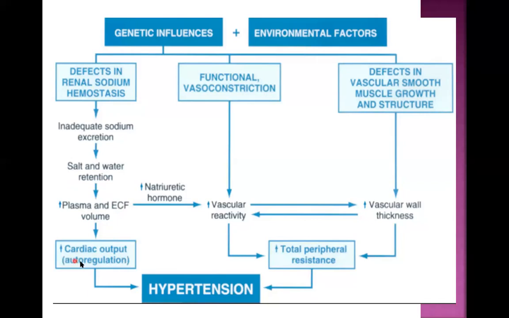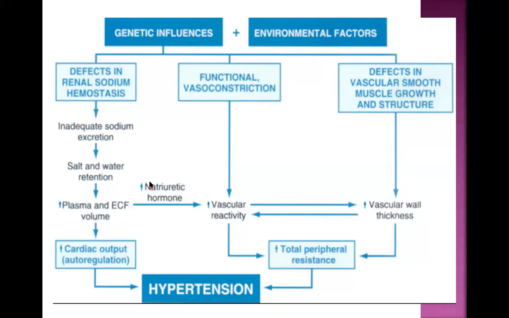Now some autoregulatory mechanism will try to bring this back towards normal. One important autoregulatory mechanism is increased secretion of natriuretic hormone. But if this continues to happen, this autoregulatory mechanism is overwhelmed. It becomes weaker in comparison to the other mechanism.